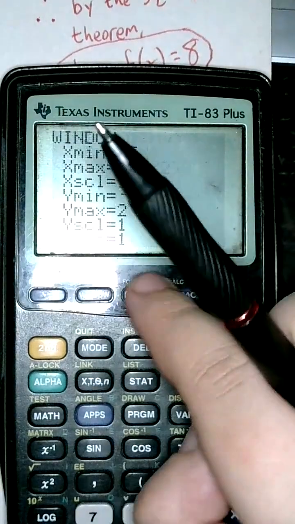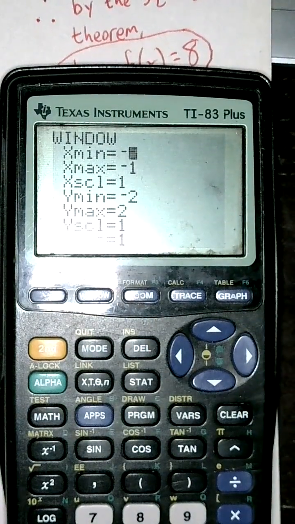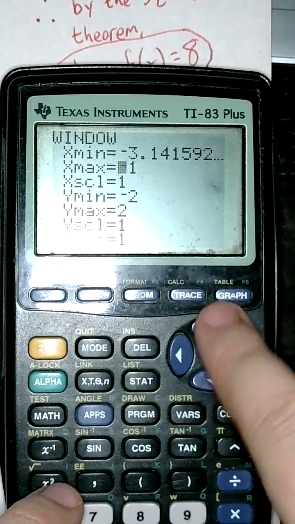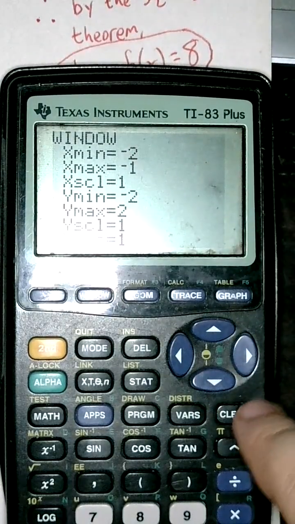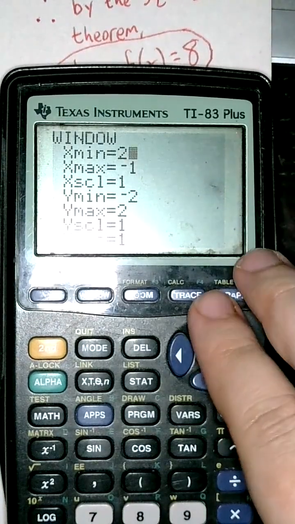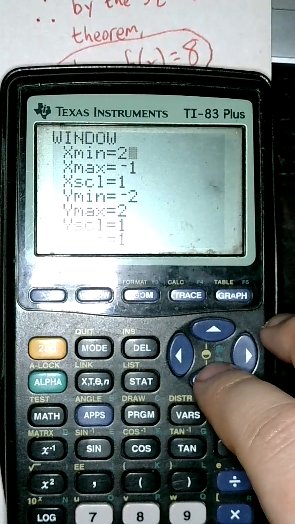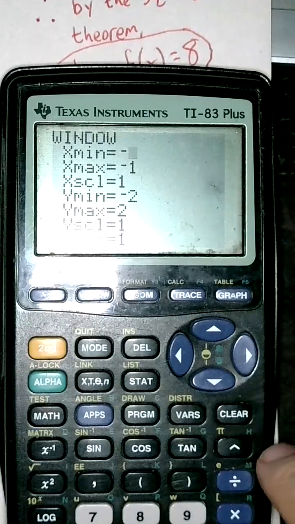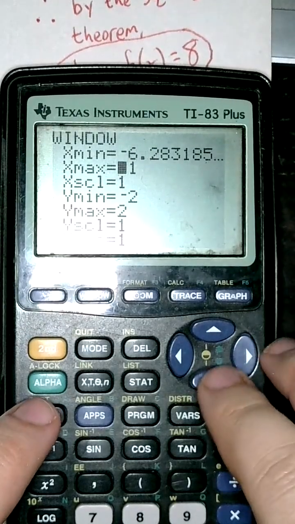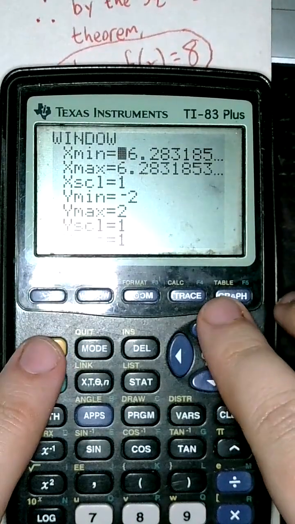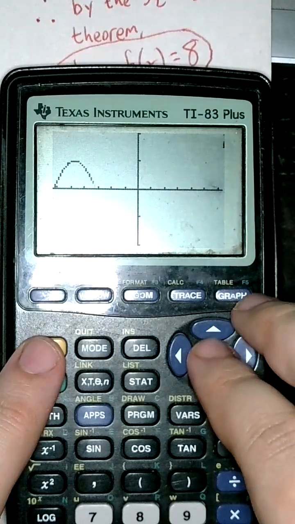Oh, let me set my window. Negative 2 pi. Nope, I don't want that to be the min. So, let's try it one more time. Negative 2 pi, there we go, to 2 pi. And we'll make our scale, or that'll work.